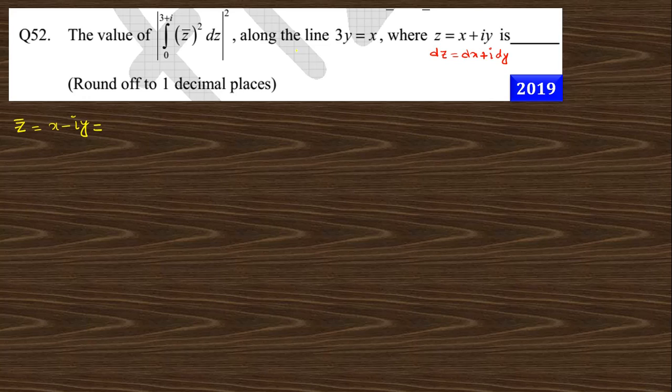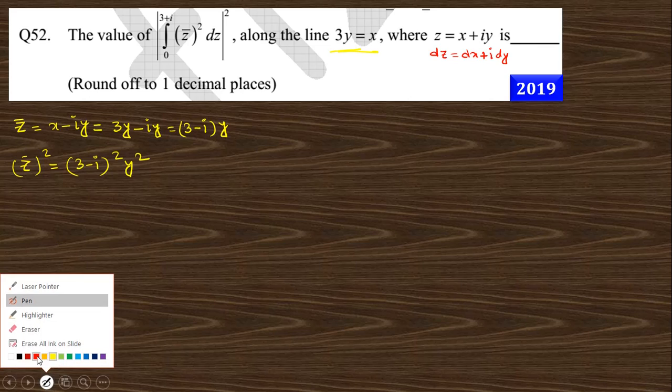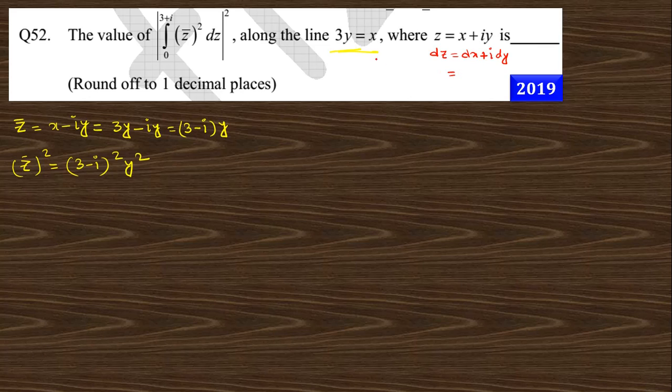If you put in the relation x equal to 3y, that is 3y minus iy, that is 3 minus i into y. So z bar squared is (3 minus i) whole squared into y squared. And dx is nothing but 3 dy, so dz is 3 plus i dy.